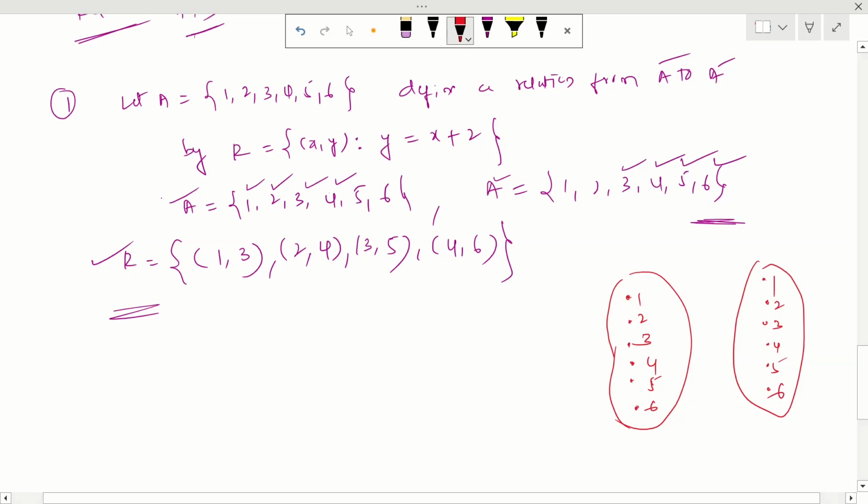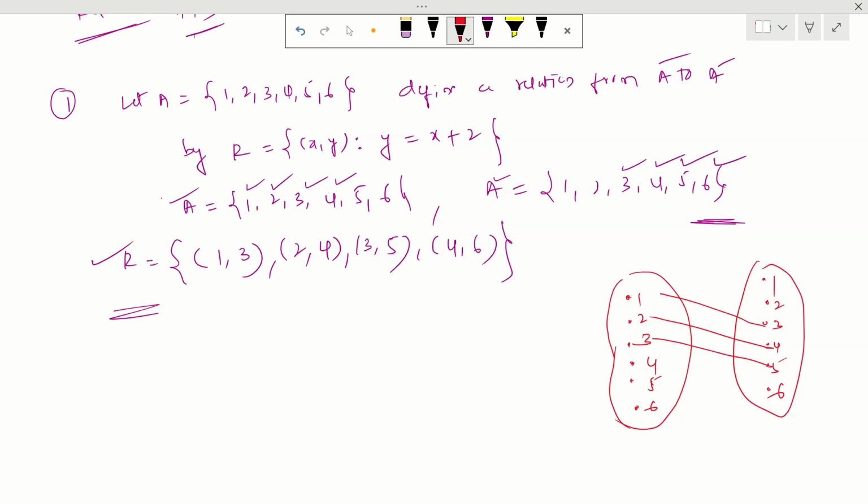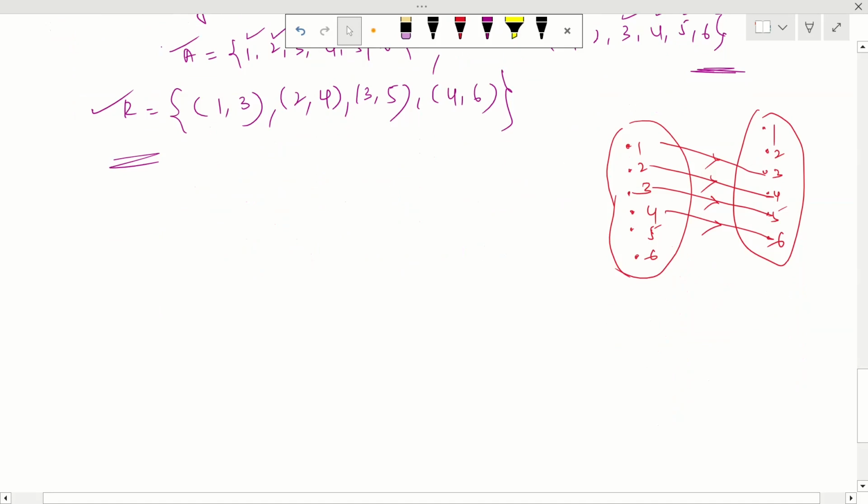Now we are comparing. When we put the value of 1, then 3 we are getting, so 1 to 3, 2 to 4, 3 to 5 and 4 to 6. This will be called an arrow diagram.